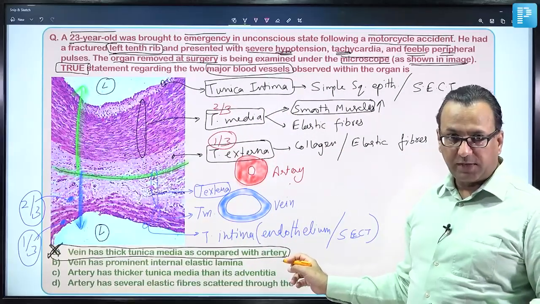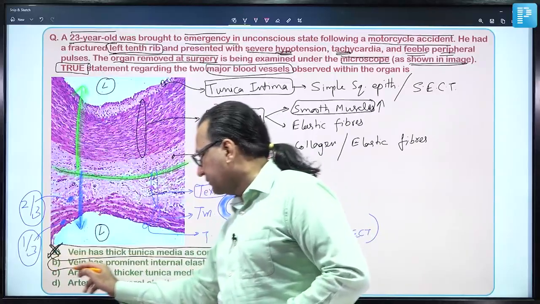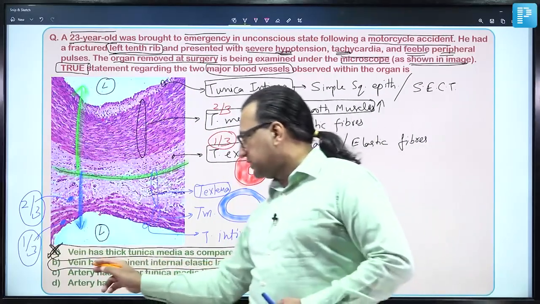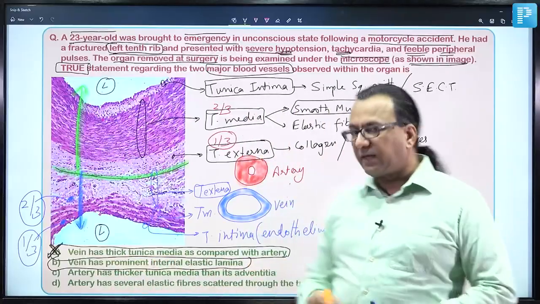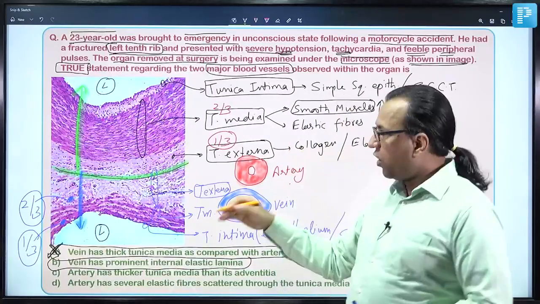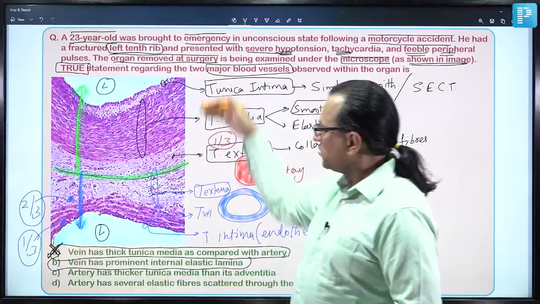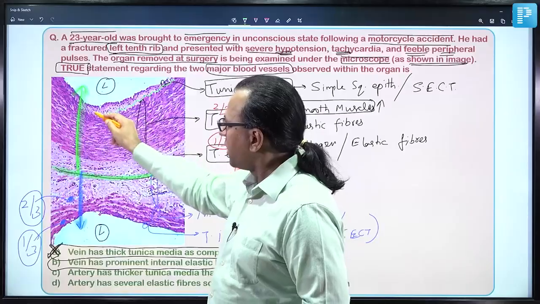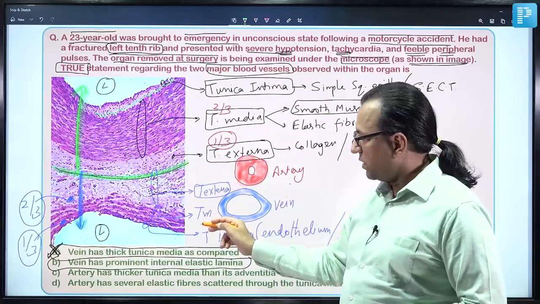Let us look at choice B. The vein is having prominent internal elastic lamina. Now, what is that? Internal elastic lamina is made up of elastic fibers and is at the junction of tunica intima and tunica media. It will be more prominent in case of an artery rather than a vein.